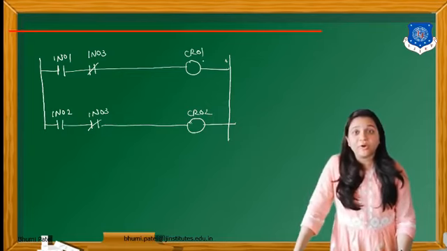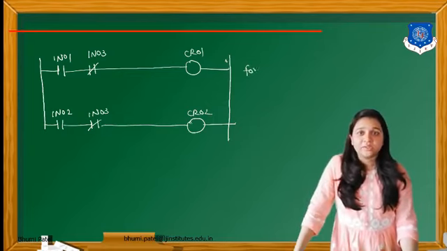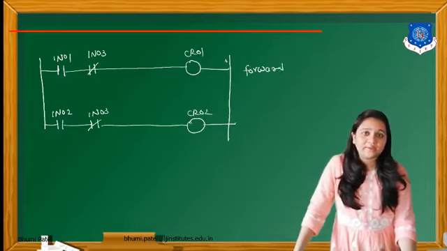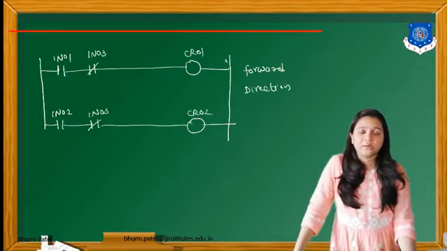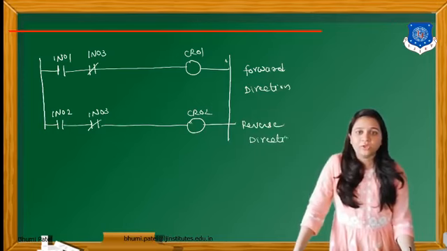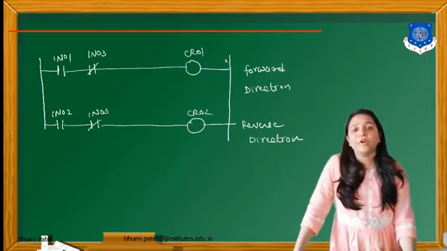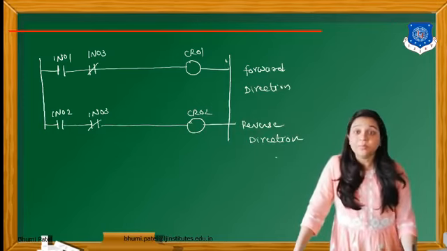That means this is the logic for the forward direction motor, and this is the reverse direction. Okay, so if the motor is run in the forward direction, the reverse direction must be off.